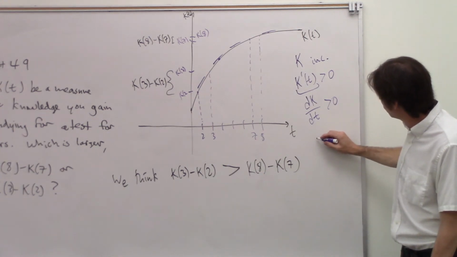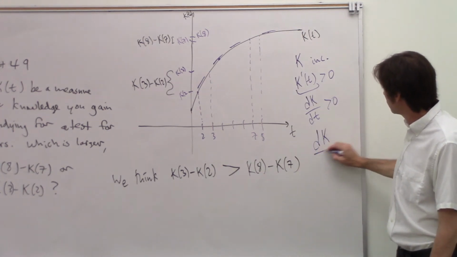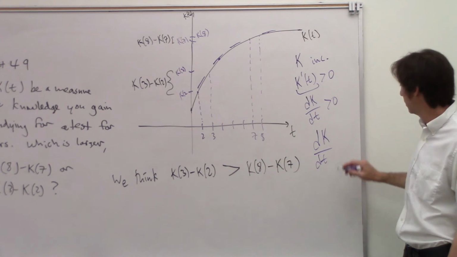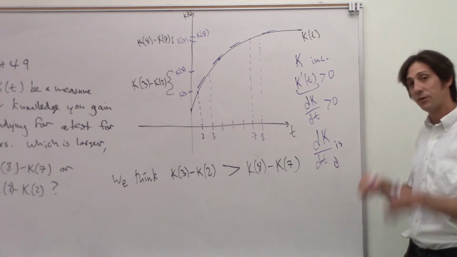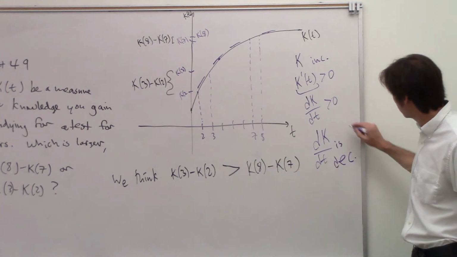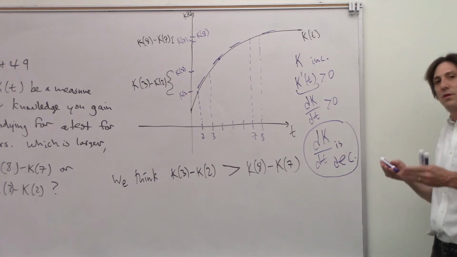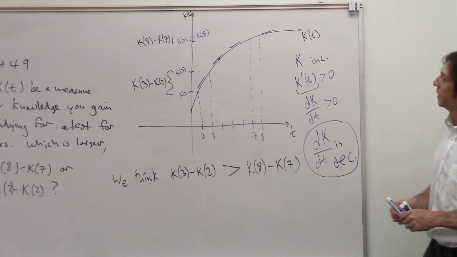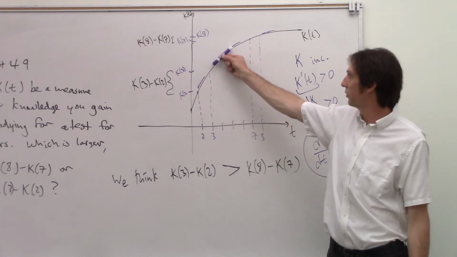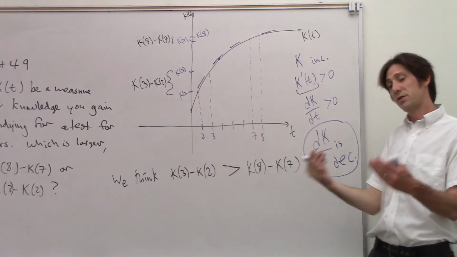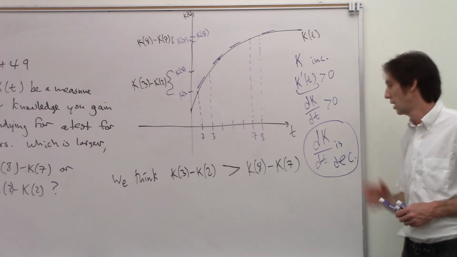And so what does that mean? That means that the derivative dk dt itself as a function is decreasing. We're thinking about the derivative as a function now. And like I said, the slope is getting less. In other words, the derivative is decreasing.